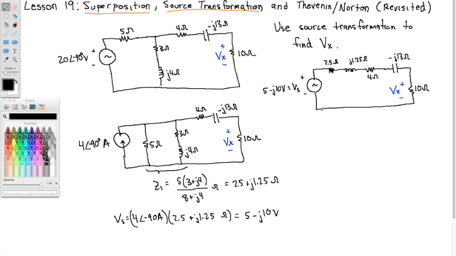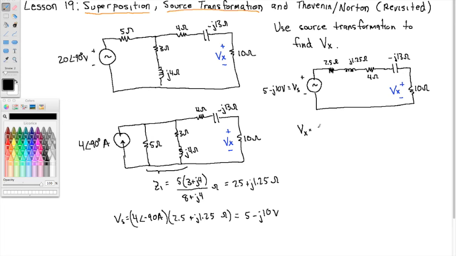Alright, now we have a big series circuit, right? So we can get Vx with voltage division. This is why source transformation helps us. So we end up with a topology that's simpler to solve than what we started with.